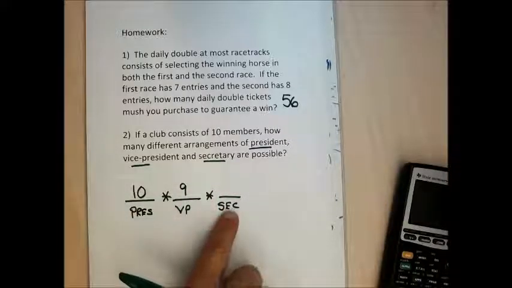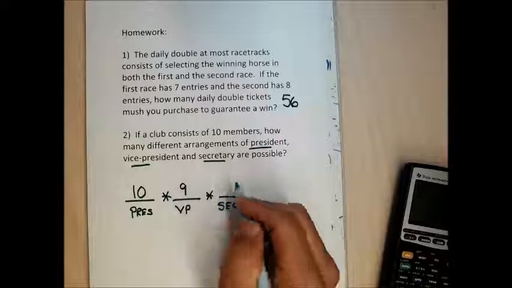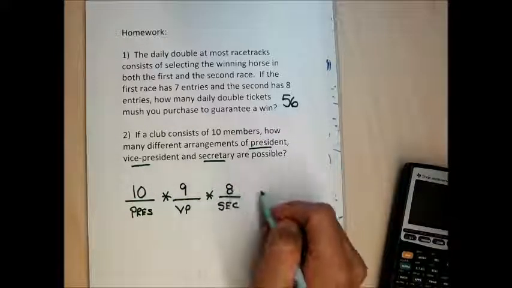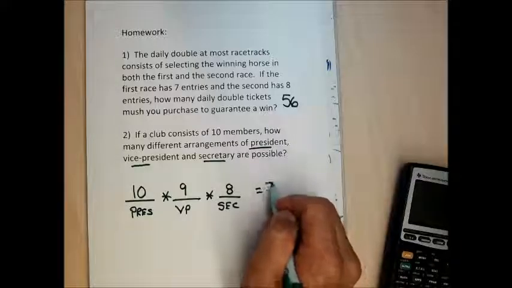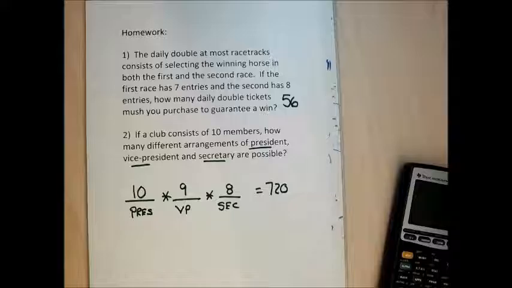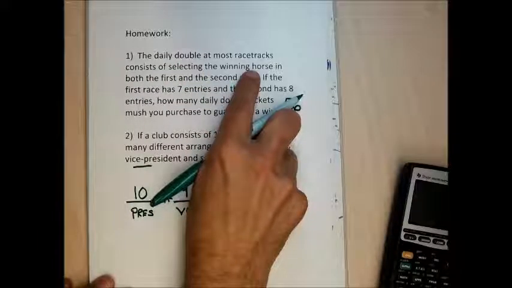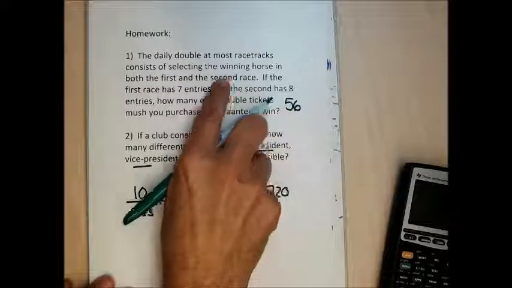And I'm assuming the secretary is not going to come from the president or the vice president, so I'm going to increment down again and get 8 people to choose from for the secretary. I believe how many different arrangements or how many different ways can from this 10-person club, how many different president, vice president, secretary combinations are there? There's 720 of them.